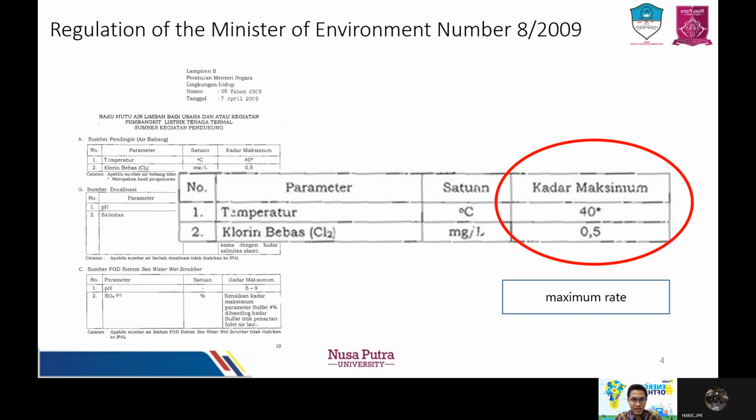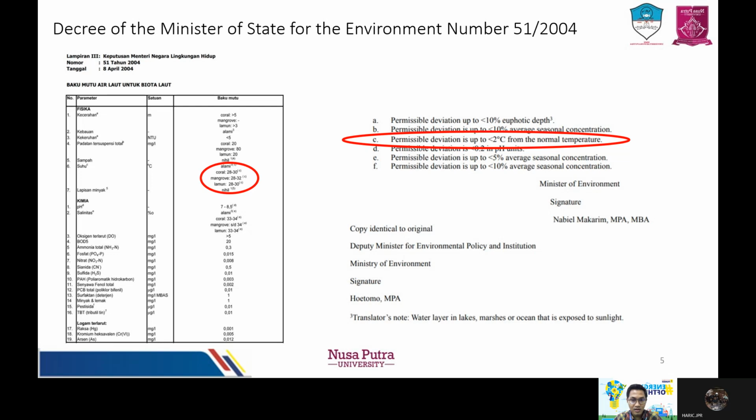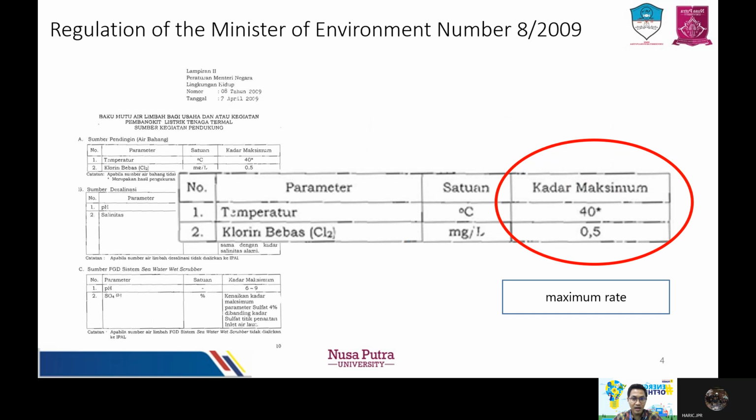In this slide, if the cooling system output water has a temperature that exceeds the provision of the seawater quality standard that has been determined by the government in the decree of the Minister of Environment number 8, 2009, you can see this is the maximum for temperature and chlorine, and regulation of the Minister of State for the Environment number 51, 2004.